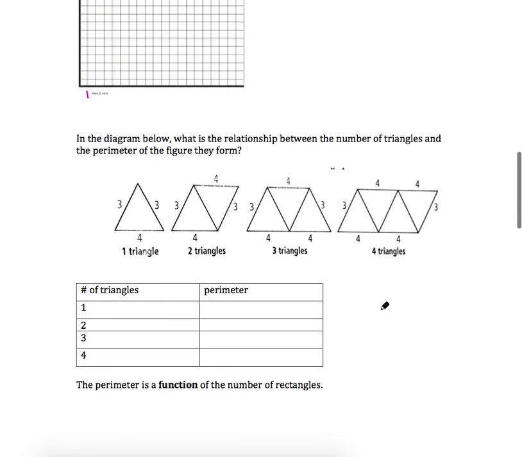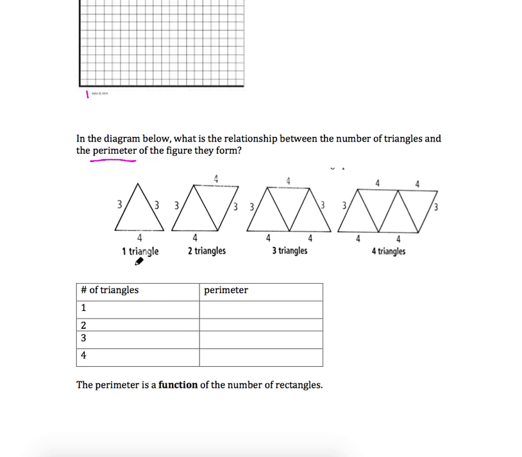So let's take a look at this pattern. We're still talking about perimeter, so we're talking about adding up the lengths along the outside. And we're talking about a triangle, it's got three sides. 2 of the sides are 3's and 1 of the sides is 4. So they're not all the same.